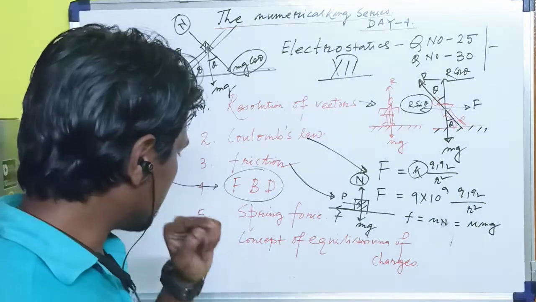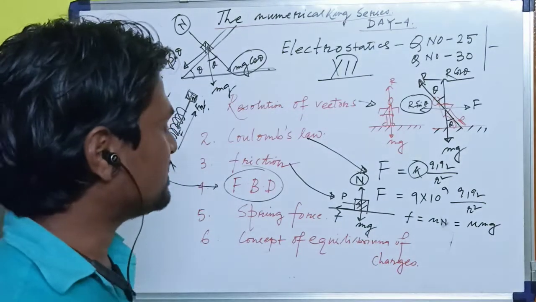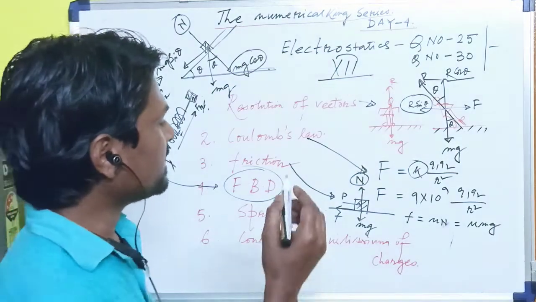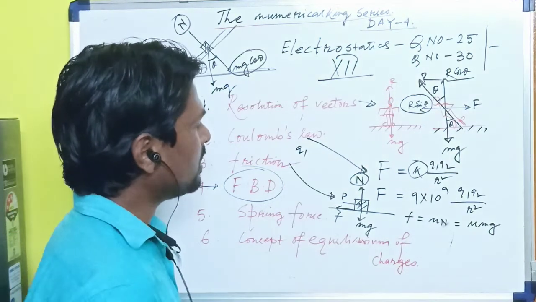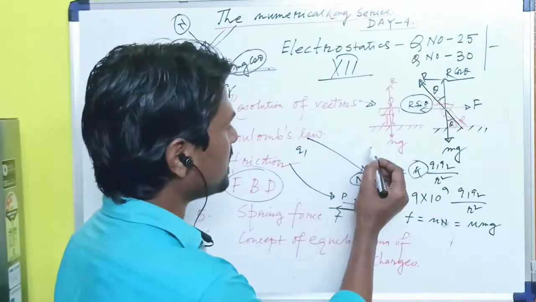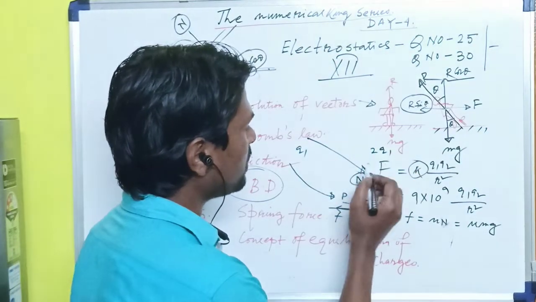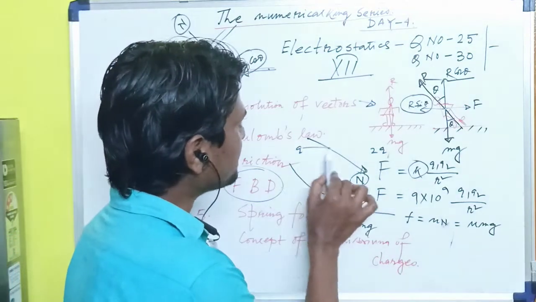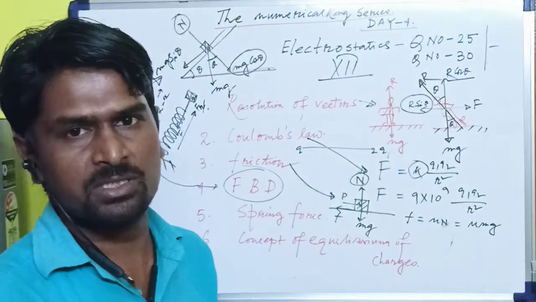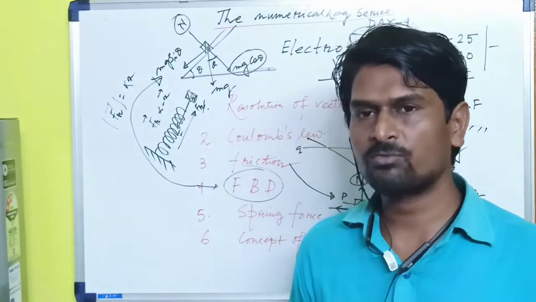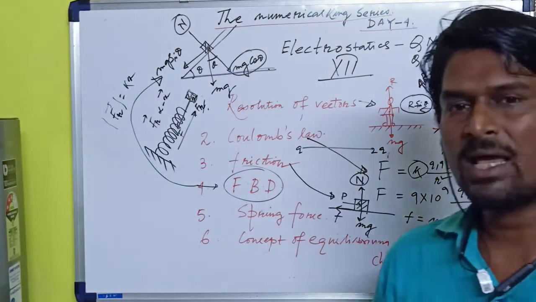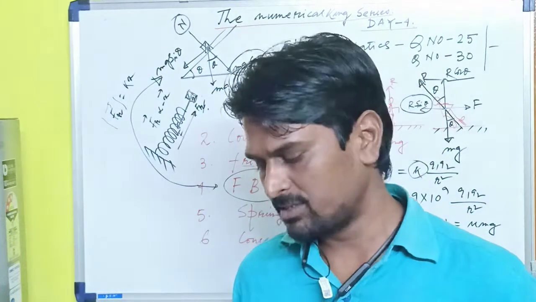And the next one is the concept of equilibrium of charges. What is equilibrium of charges? Suppose there is a charge Q1 and there is a charge 2Q1, or it may be Q and 2Q. There always exists a repulsion force between the two charges, because from the fundamental law of electrostatics, we know that like charges repel each other and unlike charges attract each other.